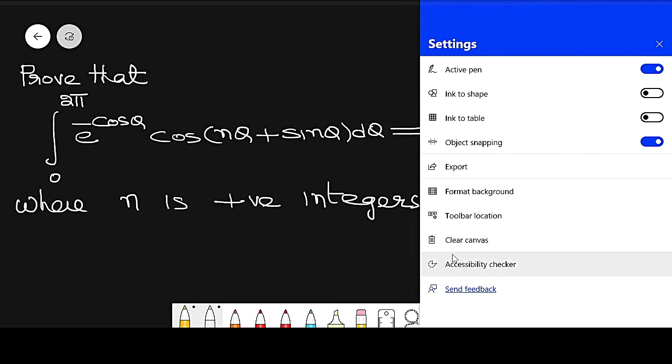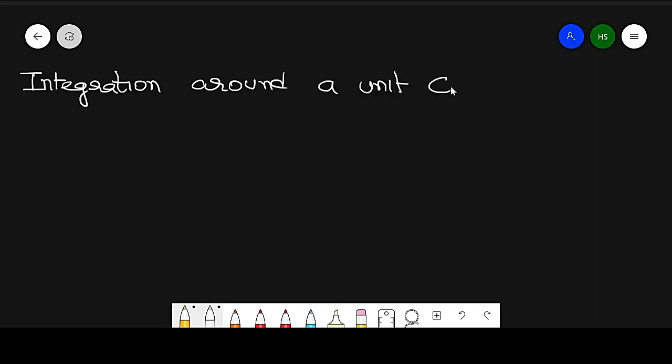This method was to find the integration around a unit circle. So in this case, what is given?